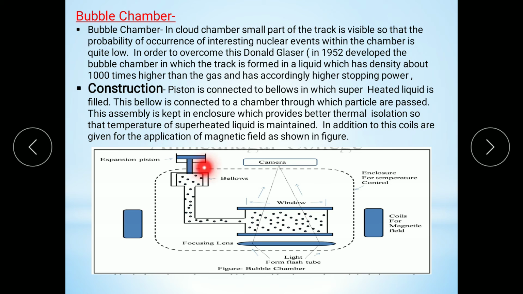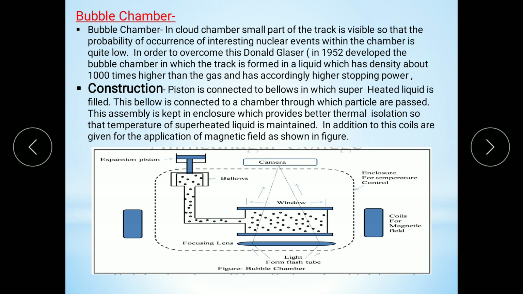It means here is a superheated liquid, through which the particles pass. Now this assembly is kept in an enclosure which provides better thermal isolation. It means this total system is kept in the enclosure for temperature control, and the temperature of the superheated liquid is maintained.